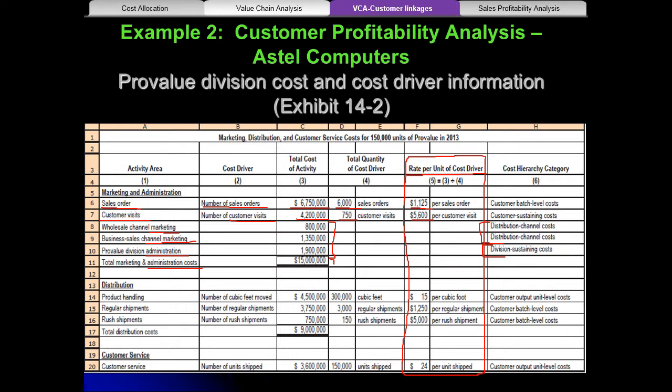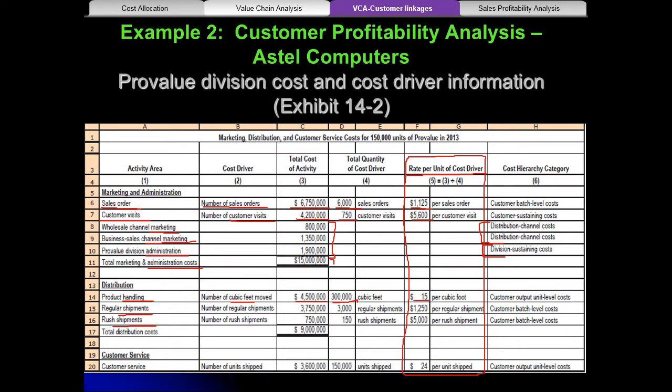We can look at distribution costs in the same way: product handling, regular shipments, rush shipments. And so we can actually see that product handling, the driver is cubic feet. So we have our total product handling costs, a total number of cubic feet that was used during a period.